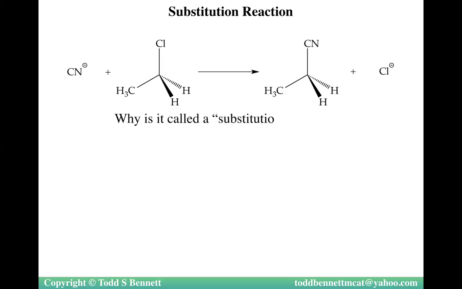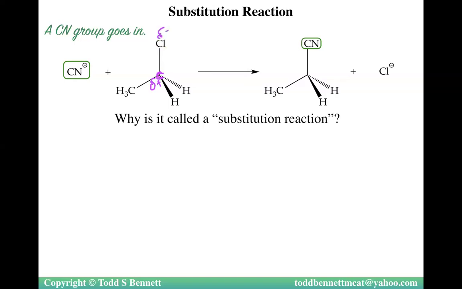So in the simplest case, I have a CN group going in. Notice it has a negative charge. And generally speaking, I want to emphasize that a negative will find a positive in chemistry, and that's just how it works. And so the carbon in the middle right here, because it is bonded to a highly electronegative atom, will have a delta plus because of the delta minus on chlorine.